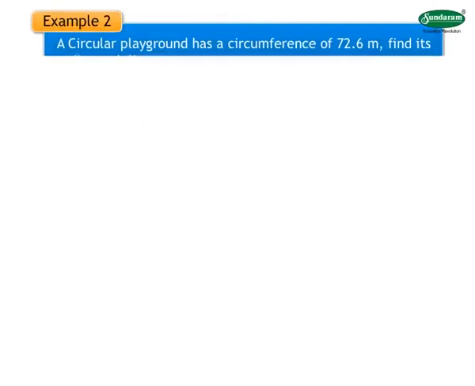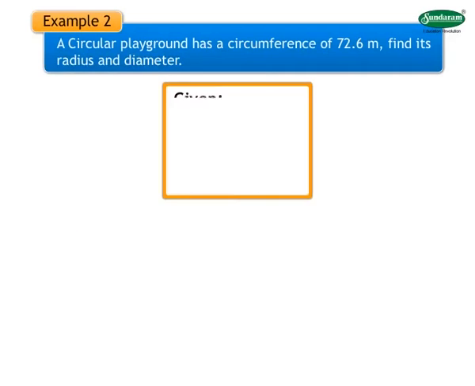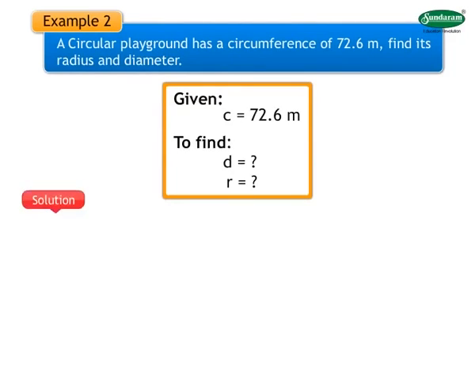Example 2. A circular playground has a circumference of 72.6 meter. Find its radius and diameter. Given. C is equal to 72.6 meter. To find D is equal to question mark, R is equal to question mark. Solution.